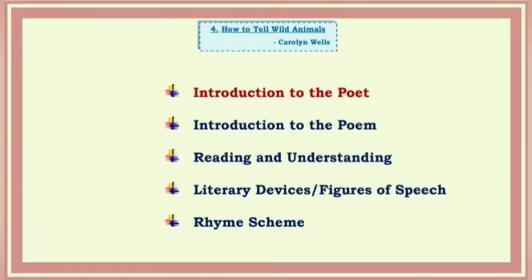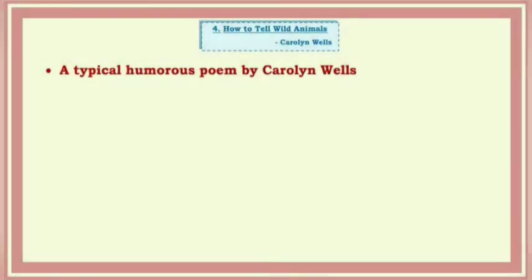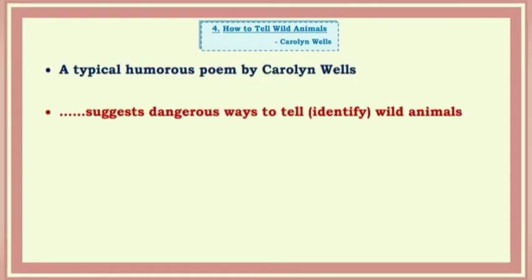After the introduction to the poet, now let's have a brief introduction to the poem as well. Dear children, the poem How to Tell Wild Animals is a typical humorous poem by Carolyn Wells. It suggests some dangerous ways to identify wild animals.